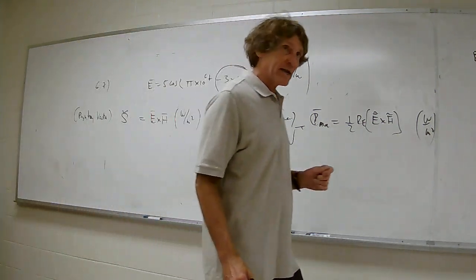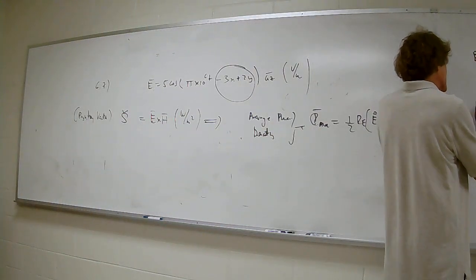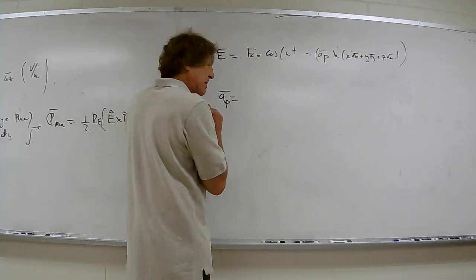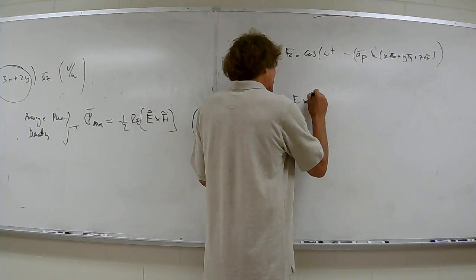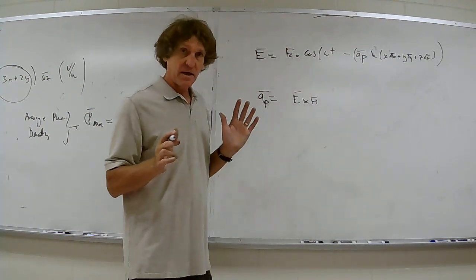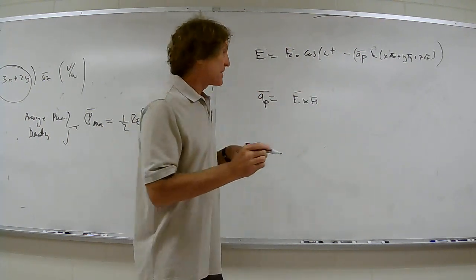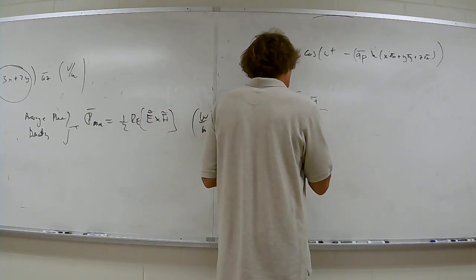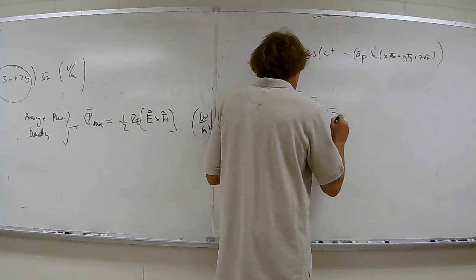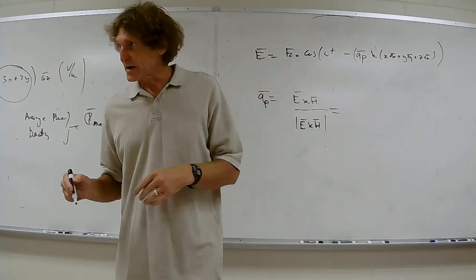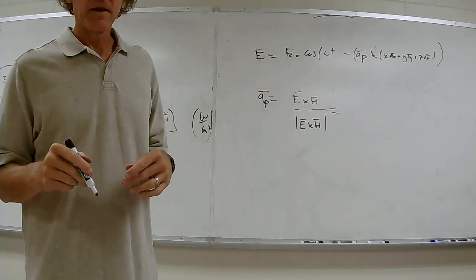So if we wanted the unit vector in the direction of the actual power flow, it would be E cross H, which is a vector. Do y'all agree with that? And then you divide that by the magnitude of E cross H. That's a unit vector in the direction of propagation.